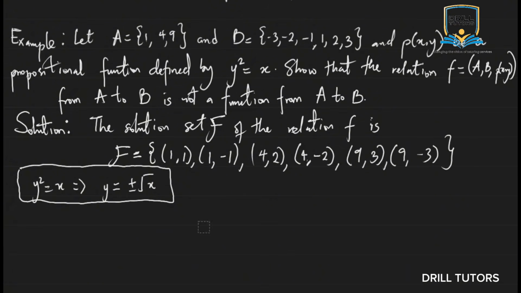Actually, the first rule is satisfied. The fact that each and every element in the domain has images, yes, but it fails the second rule. Do you understand?